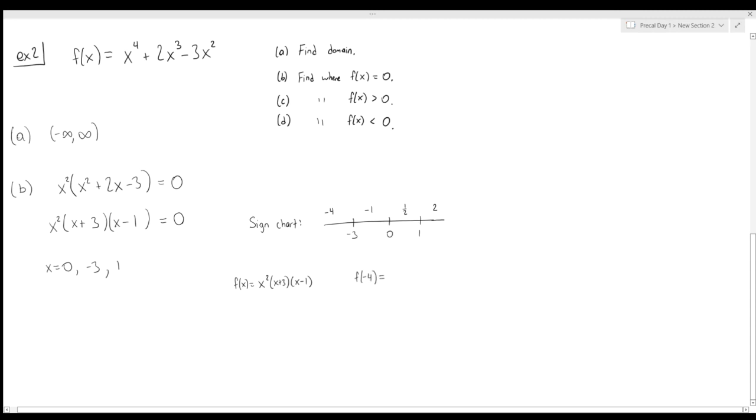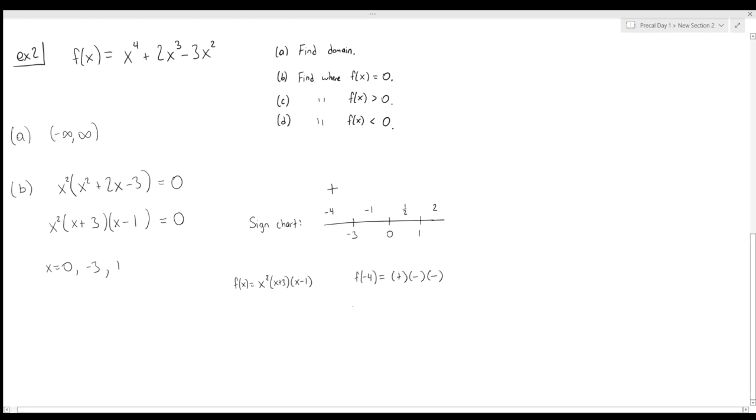So then we'll plug in negative 4. Okay, so x squared is going to be positive, right? Negative 4 plus 3 is negative. And negative 4 minus 1 is also negative. So it's positive in the first interval. Okay.